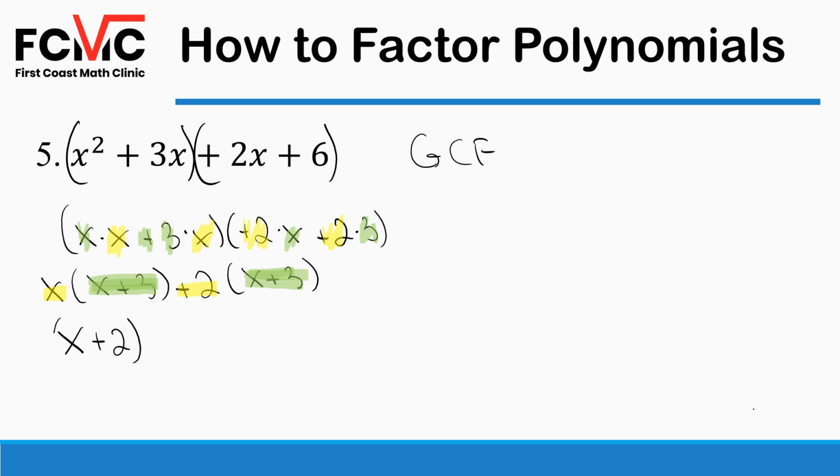I'll put that in parentheses, and then just group the x plus 3 together, and that's my answer. So I've grouped the x plus 2 together, and the x plus 3, and when I factor x squared plus 3x plus 2x plus 6, we get x plus 2 times x plus 3.